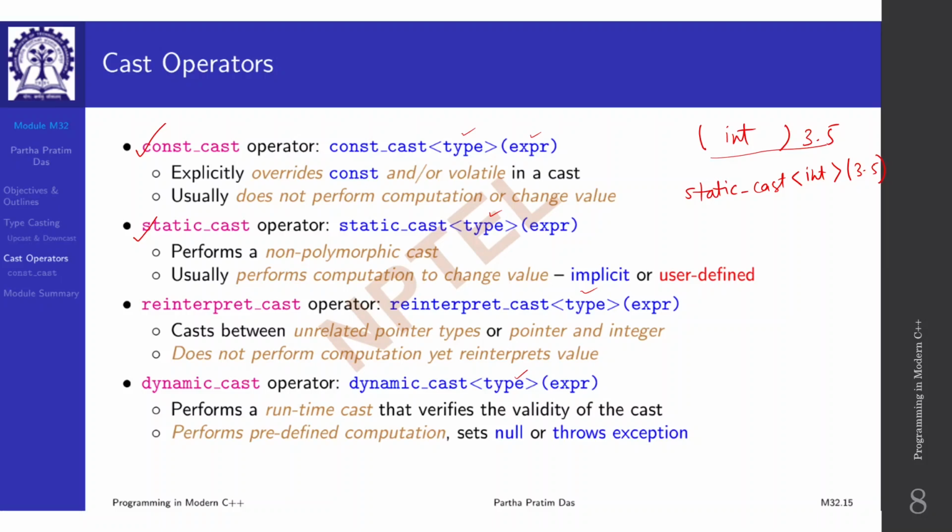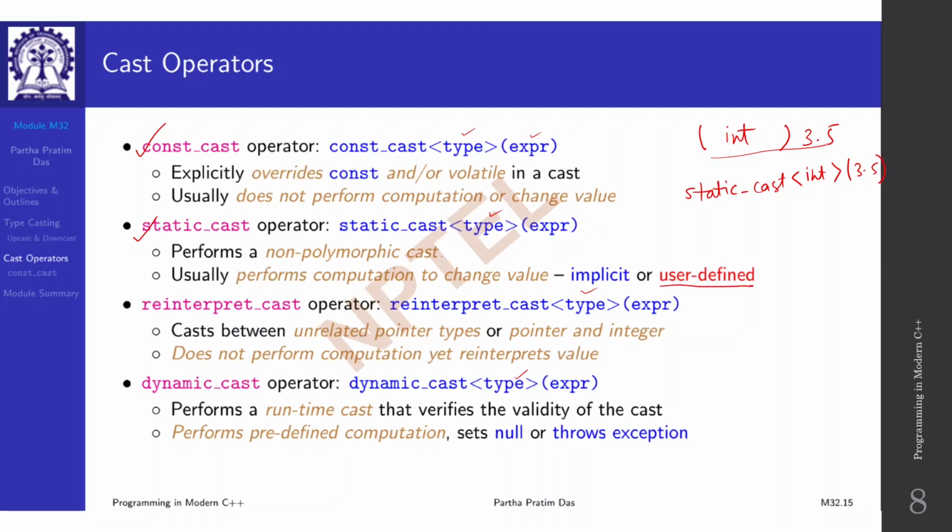So the static cast is the normal kind of casting. It is also non-polymorphic, so it is done at compile time. Now one advantage is that static cast allows us to specify user defined conversions.